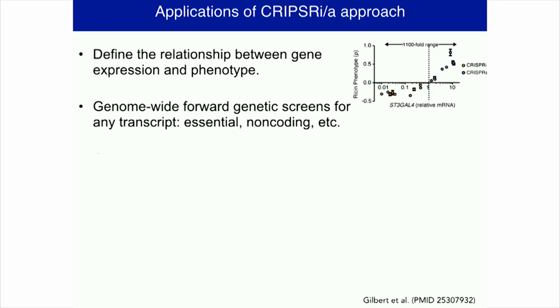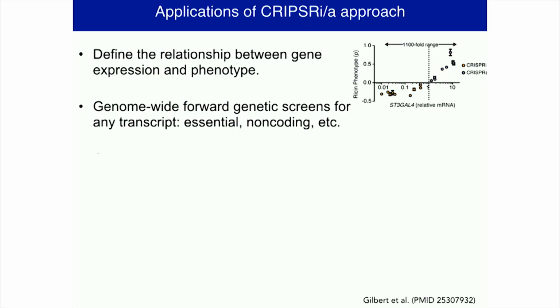The most obvious use of this, and I think the one that will be most broadly used, is to do the type of genome-wide genetic screens that we talked about with yeast in the RAID libraries. But now we can do this for any transcript.